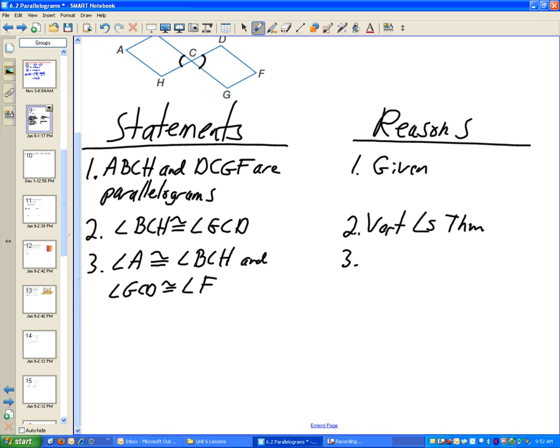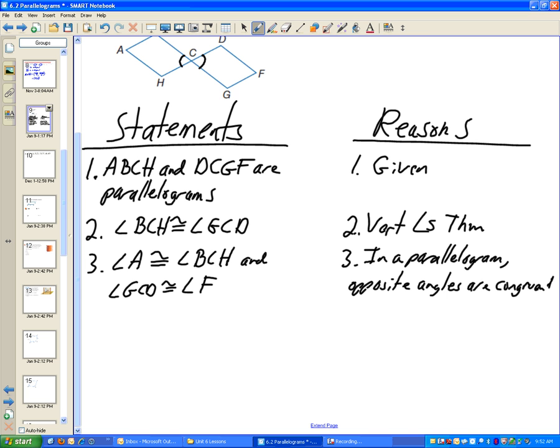Now, the reason. Well, the reason is the theorem that says if a quadrilateral is a parallelogram, then opposite angles are congruent. I think if we write it this way, we'll be okay. In a parallelogram, opposite angles are congruent.